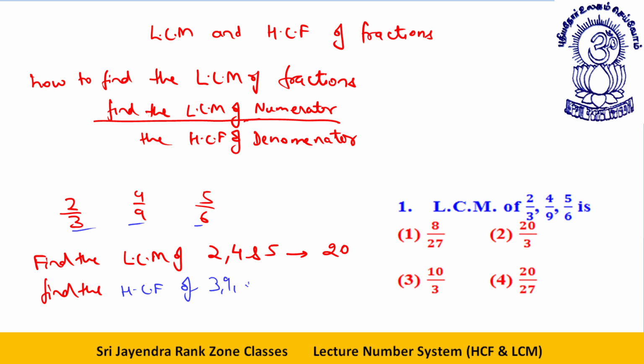Find the largest number which divides all these 3, 9 and 6. So that number will be what? That number is 3. So the LCM of 2 by 3, 4 by 9, 5 by 6: in the numerator I will write the LCM, in the denominator I will write the HCF. This is the method for finding the LCM of fractions, using the LCM of numerators and the HCF of denominators.